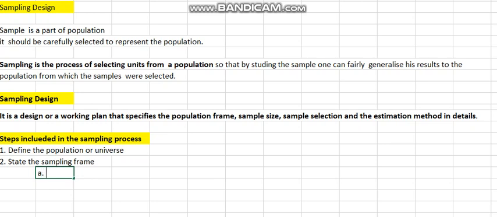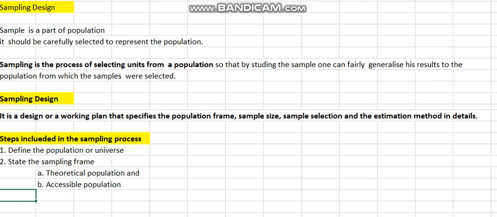One is theoretical population and the other one is accessible population.